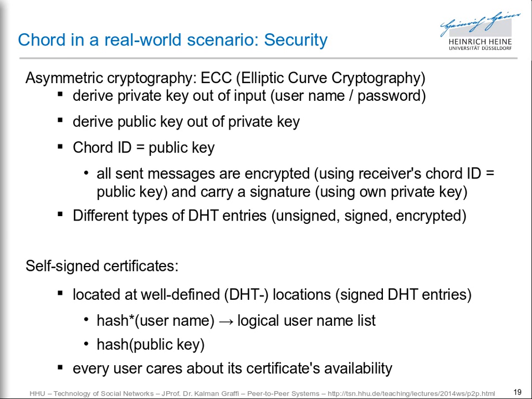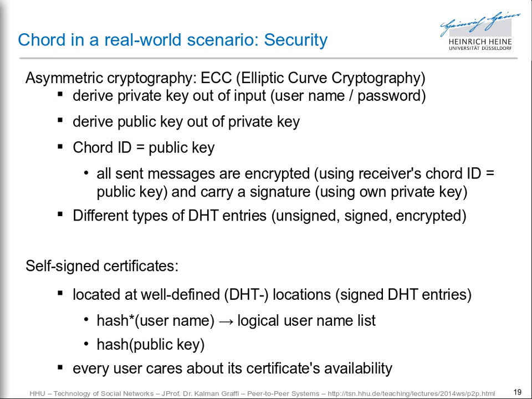Another feature of the security layer is the creation of self-signed certificates. These certificates contain contact details and the Chord ID from the peer, which are signed and located at well-defined locations. First of all, at the concatenated hash of the username.